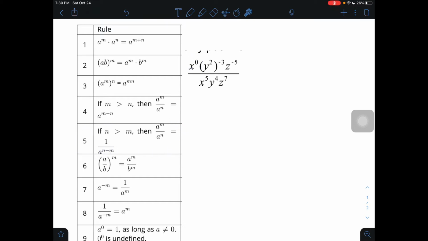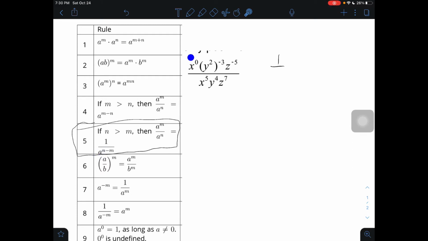In this scenario, all of our exponents in our denominator are greater than our exponents in our numerator, so we will be focusing primarily on rule number 5. This rule states that in order to simplify, we will have 1 as our numerator, and then we'll subtract m from n, and that'll be our exponent for a.